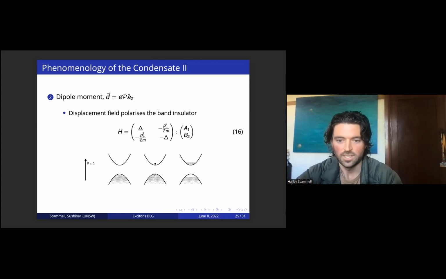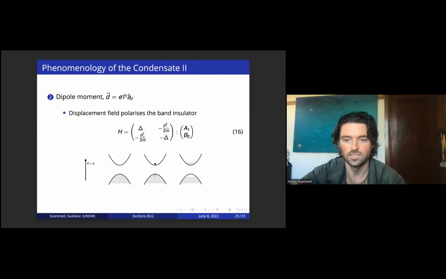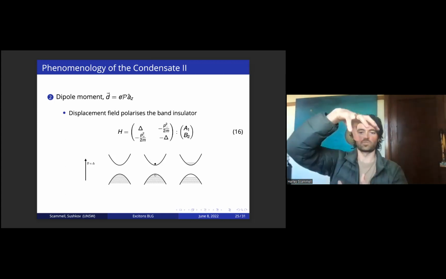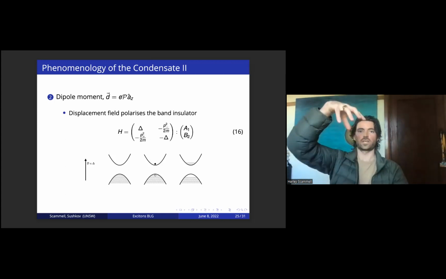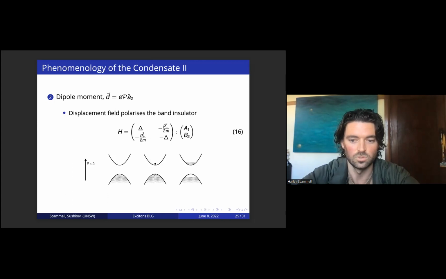Going into the condensate, this is a terrible drawing of a condensate, but you kick a whole bunch of electrons out of valence and then they go into conduction, but then they themselves form this many-body excitonic wave function, which I wasn't able to draw using PowerPoint, sorry. But this should have some significant influence on the dipole moment.